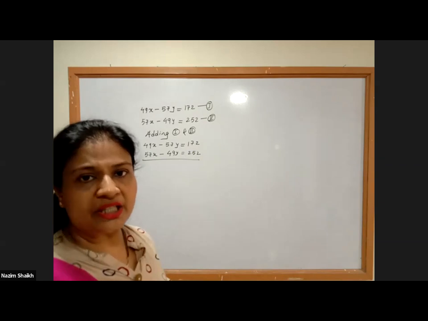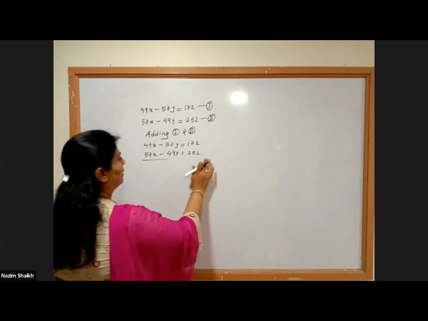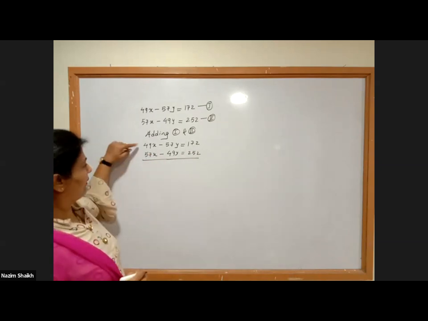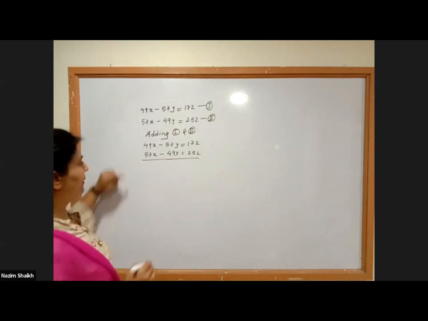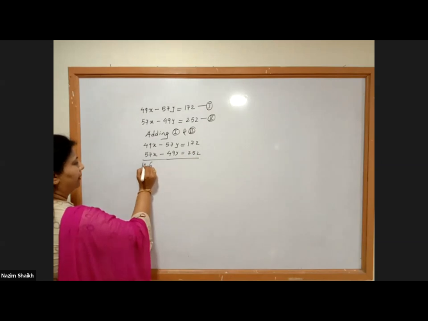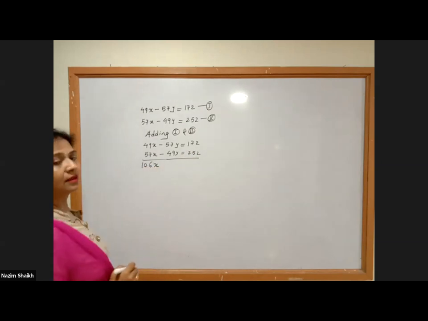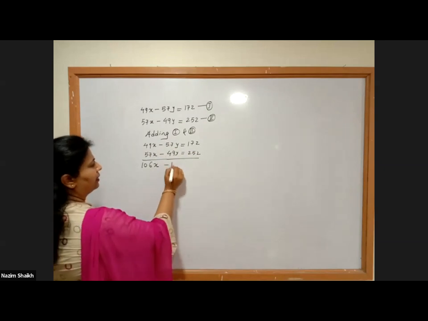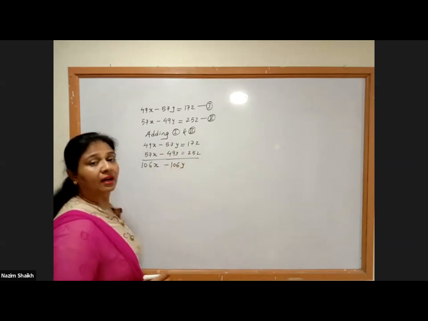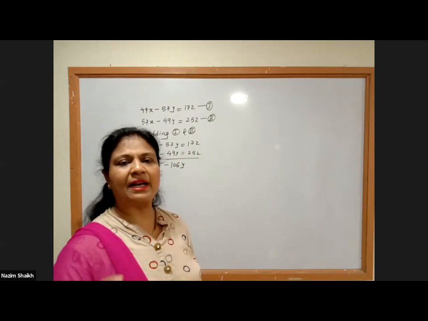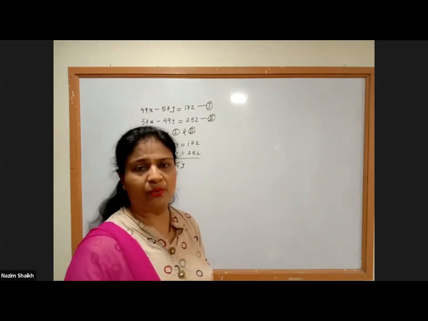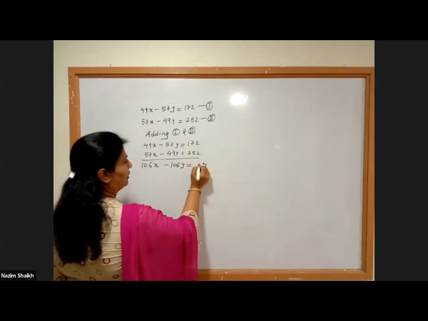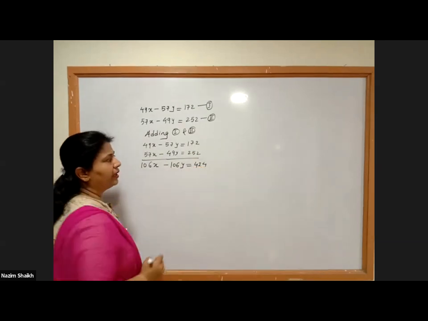Adding means not changing the sign. So 49 and 57, both are having same sign, so they will get added up, and I will have 106x. ये दोनों भी ऐड हो जाएंगे, 106y. गलत फहमी में मत रहना that adding means I will get an equation of x plus y. जरूरी नहीं. Okay. So here is equal to 424.